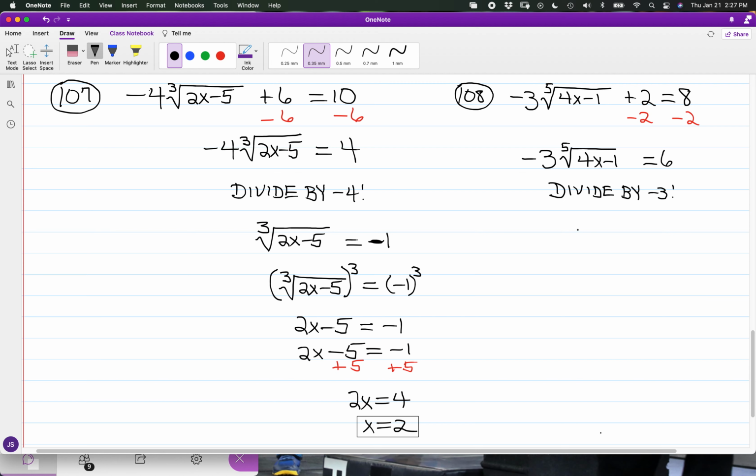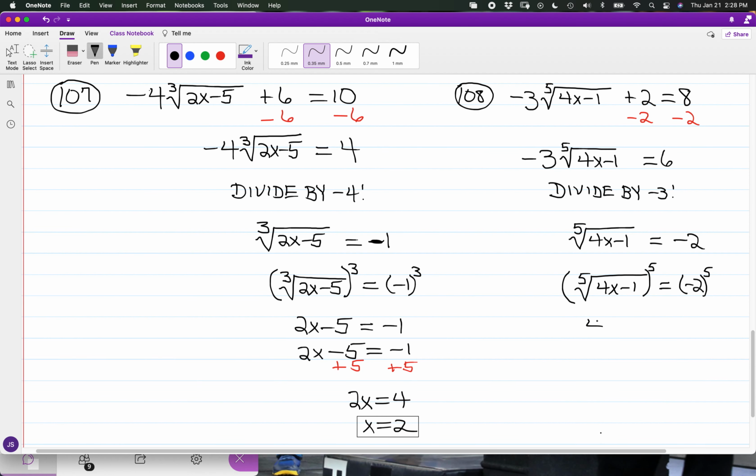Now let's go ahead and divide by -3. And doing so we have the fifth root of 4x minus 1 is equal to, and 6 divided by -3 is going to be -2. So to free up 4x minus 1, we'll take both sides and now raise to the 5th power, equal to -2 to the 5th.